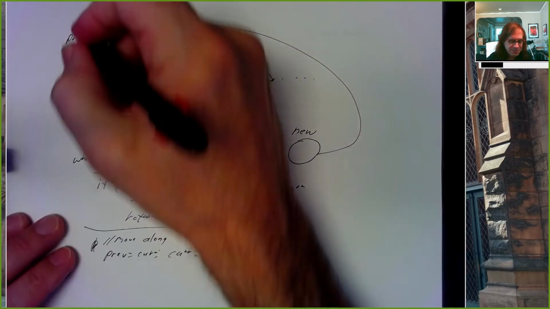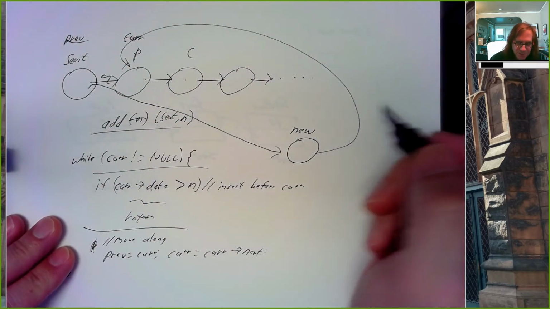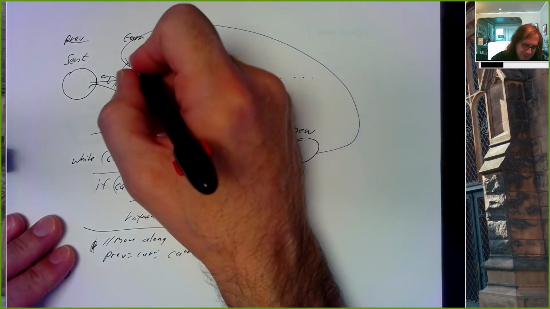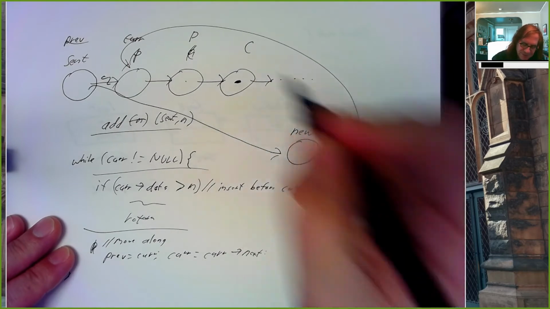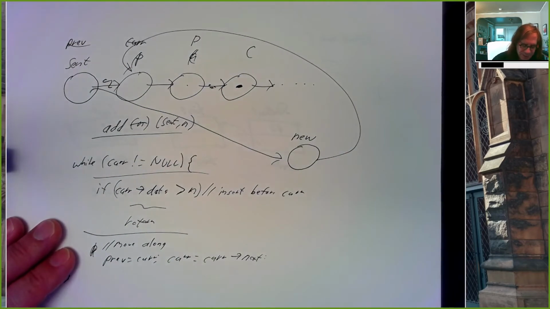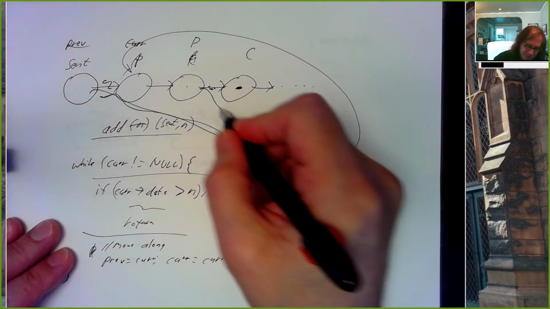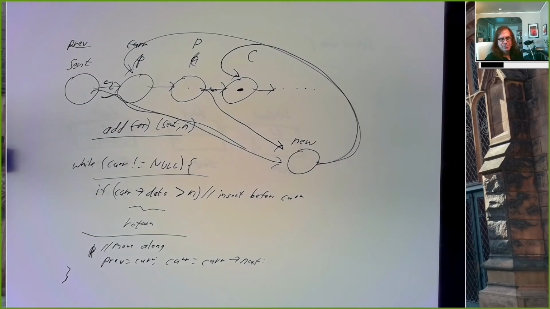So that'll change this to be previous and this to be current, and we'll check this node, and if that's not the right spot, we'll change previous to be here and current to be here. And maybe this is the first number bigger than n, so we want to insert right before here. Right? So in that case, we would change previous to point to our new node and new to point to the current node, and we've sandwiched it in between the right spot.